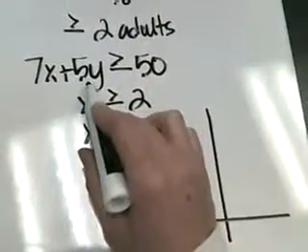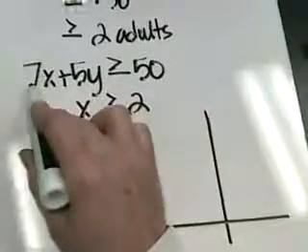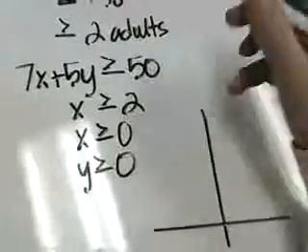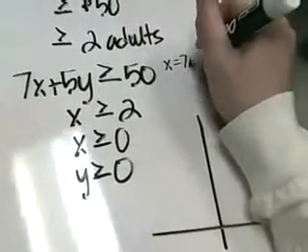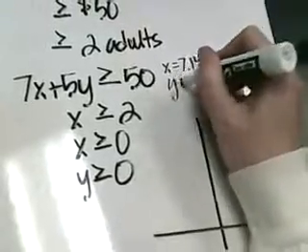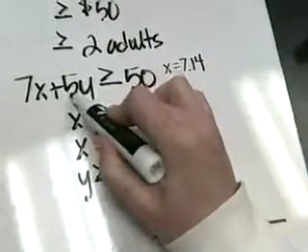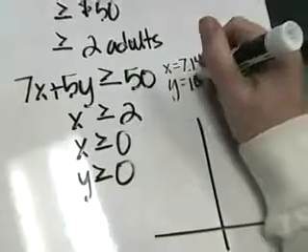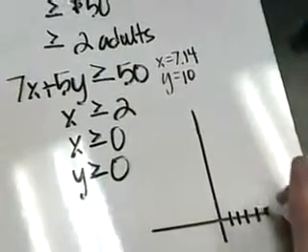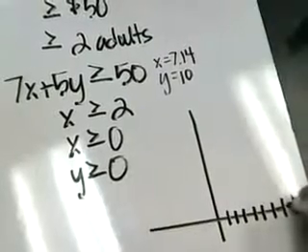First one we said was in cover-up method, 50 divided by 7. X is about 7.14. 50 divided by 5, that's 10. So let's get those on our axis. About right here maybe.